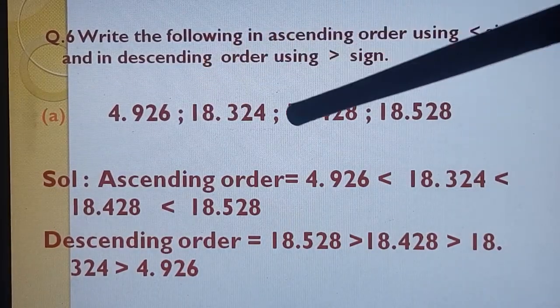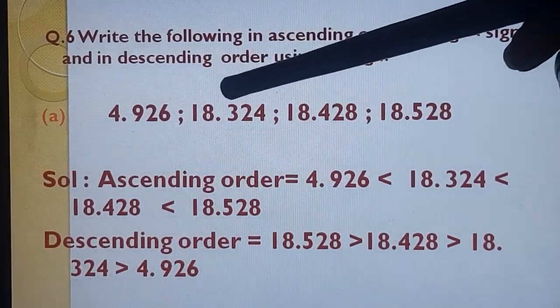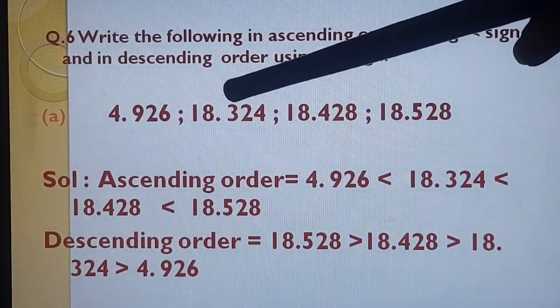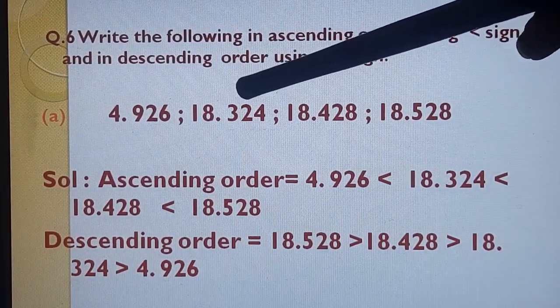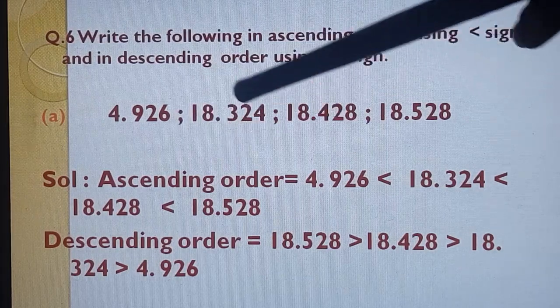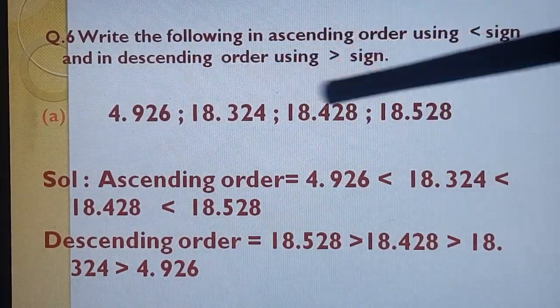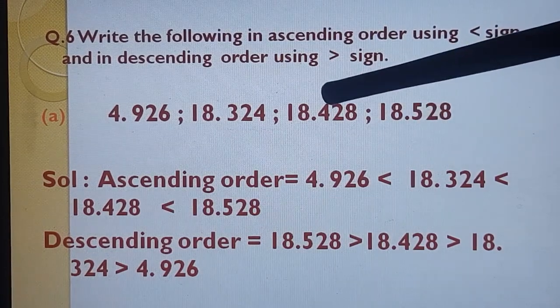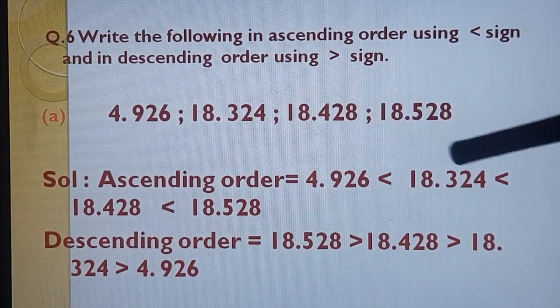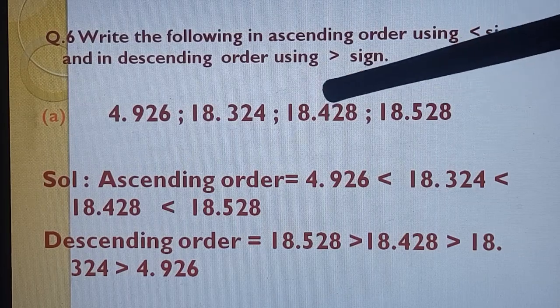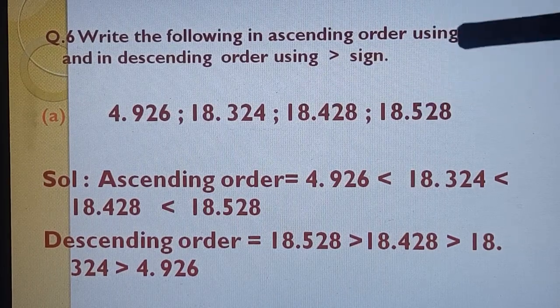Then next 18, 18, 18 are the same. Now we will check the 10th place: 3, 4, 5. So 3 will be written first. After 4.926, the next number will become 18.324. Then next will be 18.428, because now the 10th place contains 4 and 5, and 4 will be written first in ascending order.